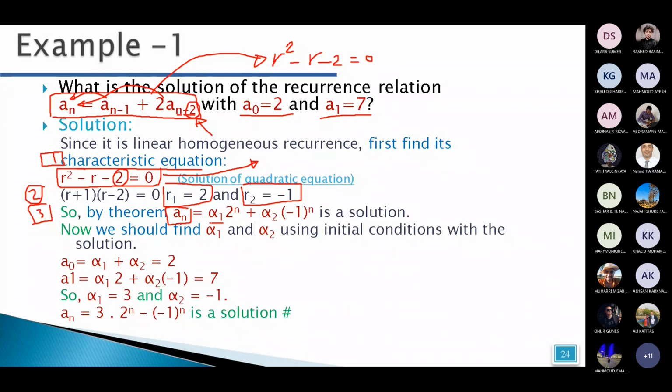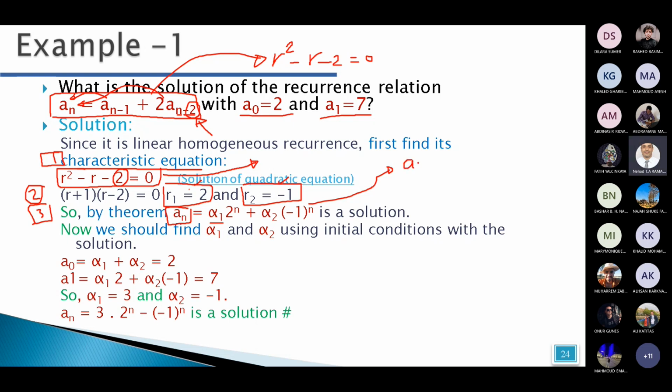alpha 1 multiplied by, let me write it here. We have two solutions for the characteristic equation, yes? So the solution is like this.